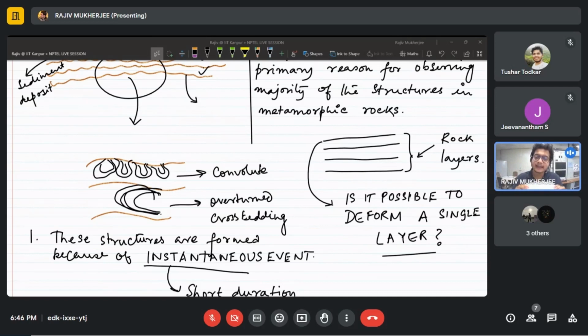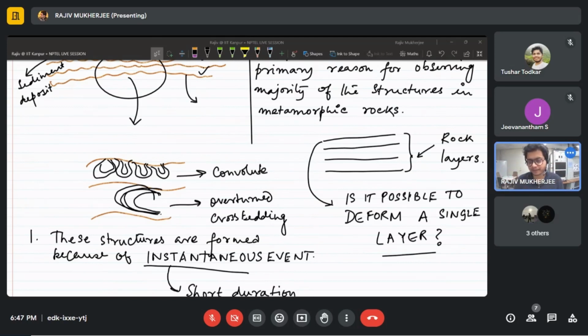Now think about the scale of these tectonic forces. These are plate scale forces, right? Thousands of kilometers spread, these plates are colliding with each other, and because of that the tectonic forces are being generated. So in that case, is it possible to localize the force only to one layer?